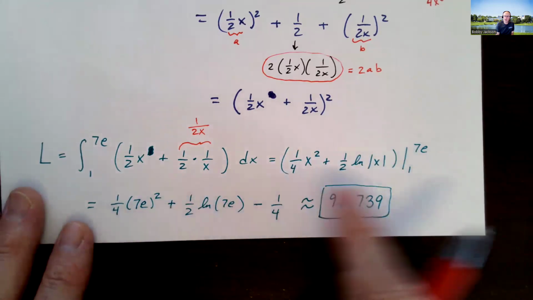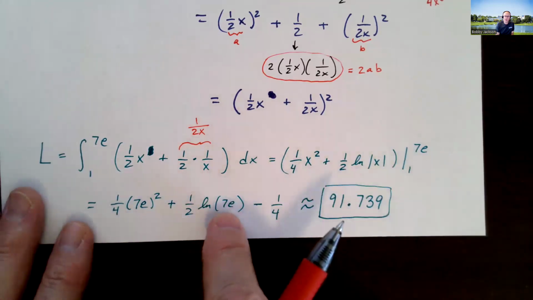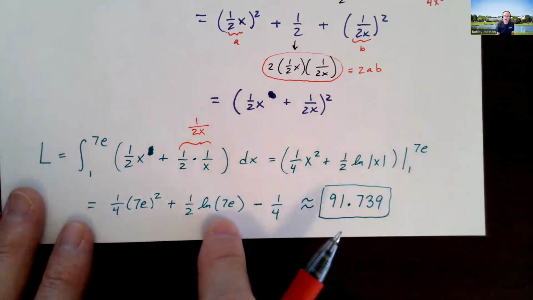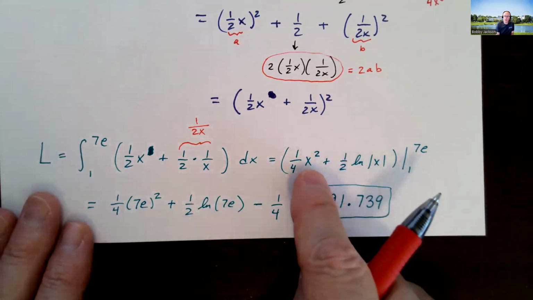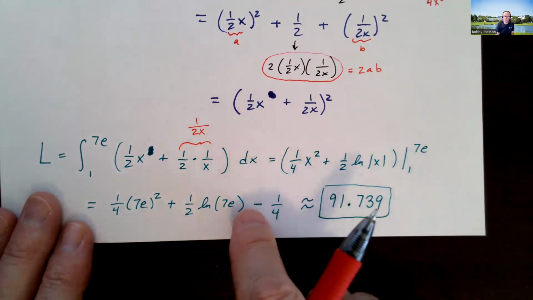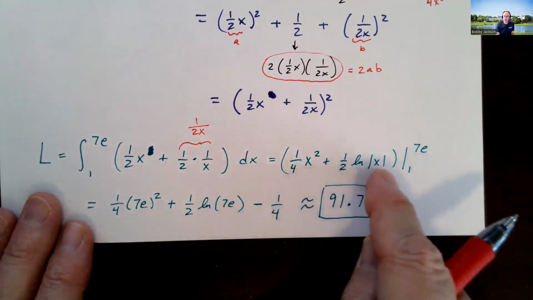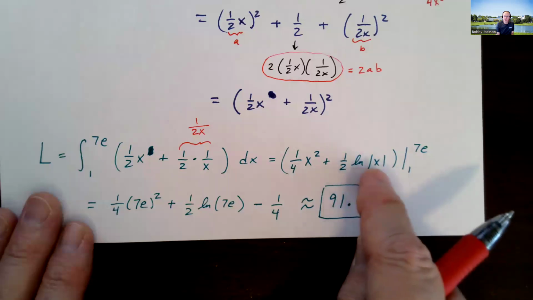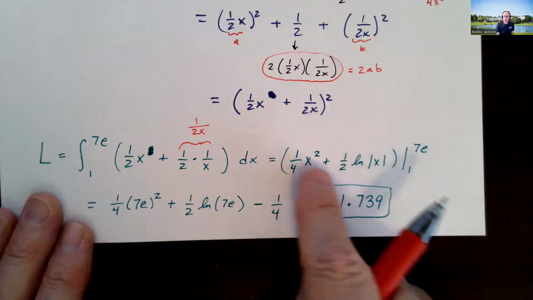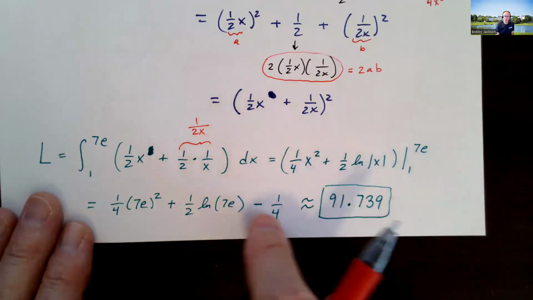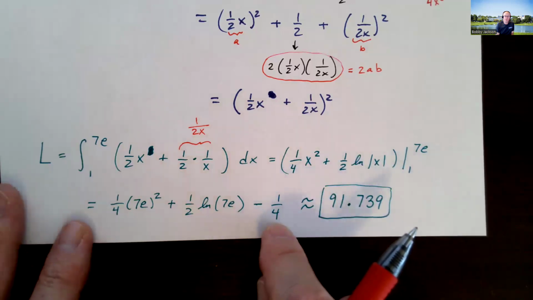So I get 1/4 (7e) squared plus 1/2 natural log of 7e. All right, there's the evaluation at 7e. And then plug in 1, I get 1/4 times 1, so that's minus 1/4 plus 1/2 natural log of the absolute value of 1, which is 1. Natural log of 1, though, is 0. So when I plug in 1, I just get 1/4. So it's minus that 1/4.